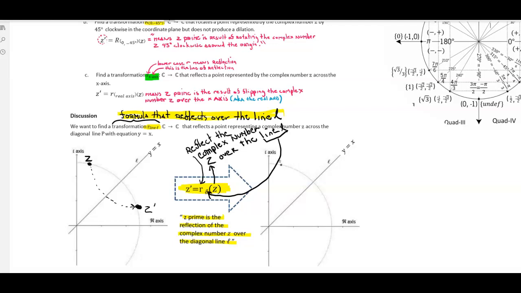So this says reflect the point Z over line L. And when you do it, it ends up about here. So how do we accomplish that? Okay, that's what we're trying to figure out.